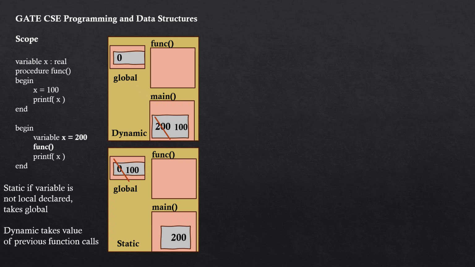So static is: if the variable is not locally declared, it takes the global, and dynamic takes the value of the previous function calls. Here, as you can see, the different memory divisions. In the case of static, we are changing the global, and here we are changing the previous function call.